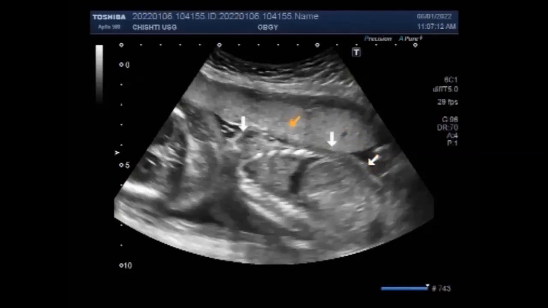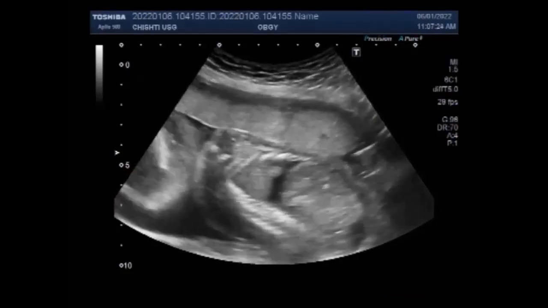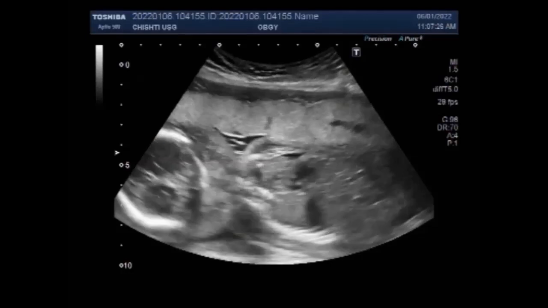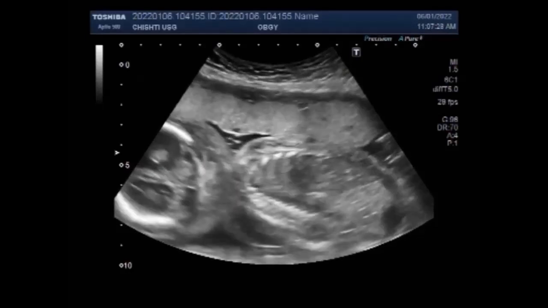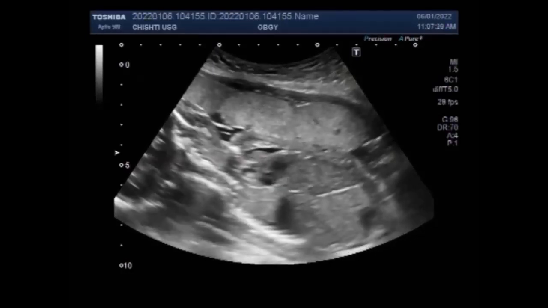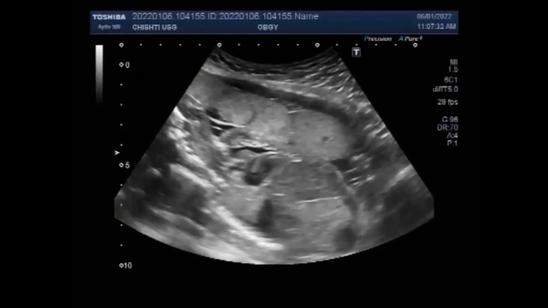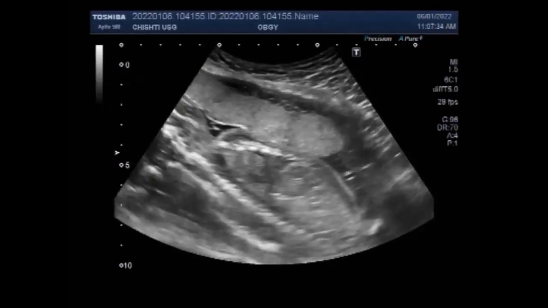These include ascites, pleural effusion, pericardial effusion, and generalized skin edema defined as skin thickness more than 5 mm. Now you can see the fetal edema is also seen on the abdominal wall. Fetal cardiac activity is seen.